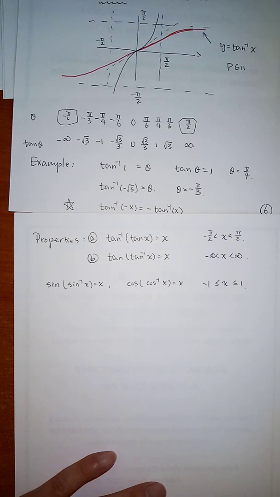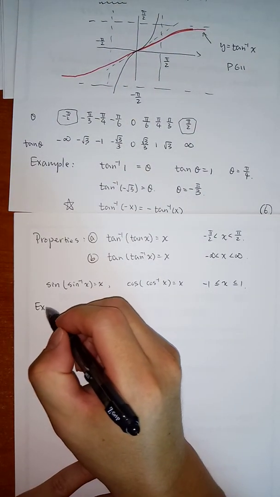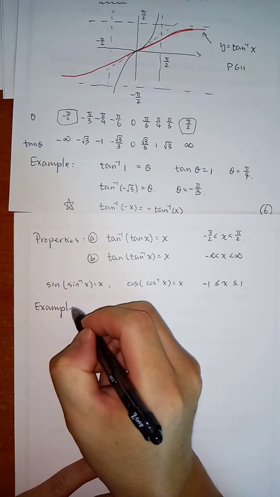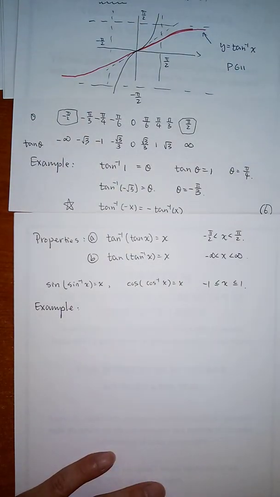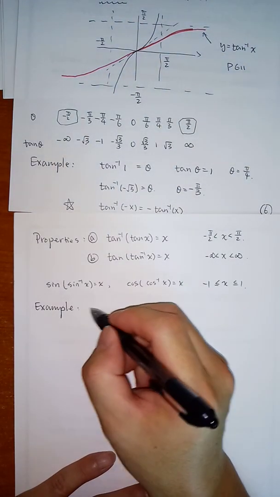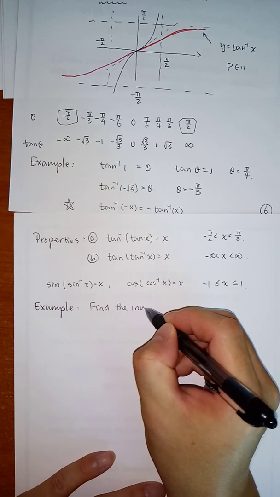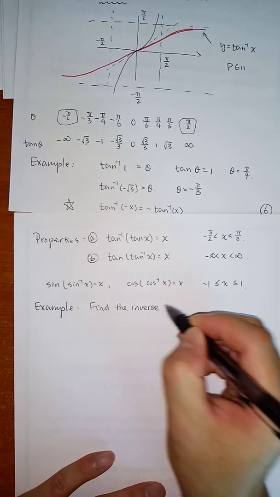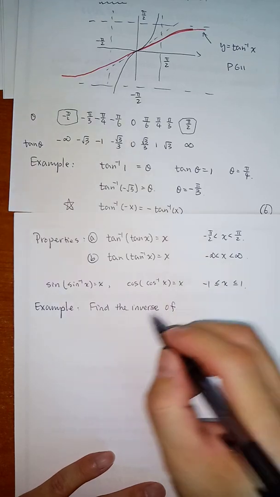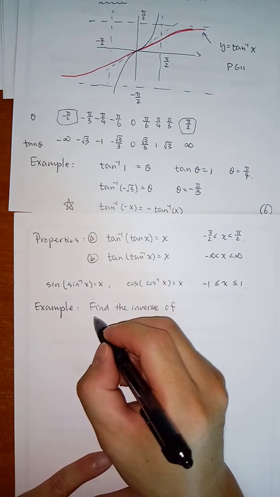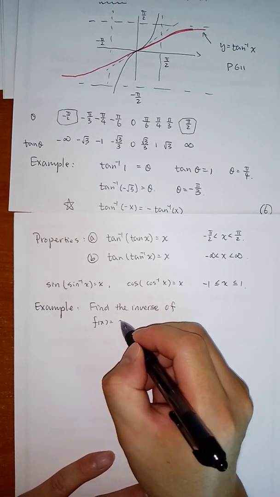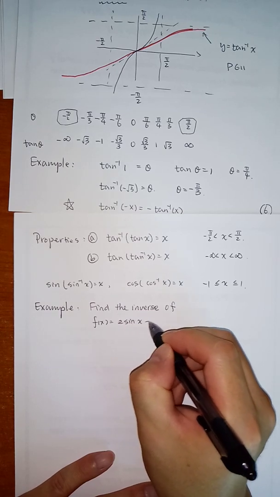Okay, so that's the advantage of tangent inverse. So let's see the example. Find the inverse of f(x) equals 2 sine x minus 1.